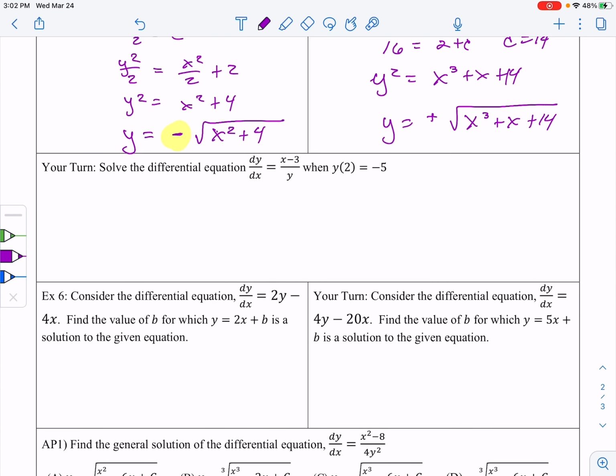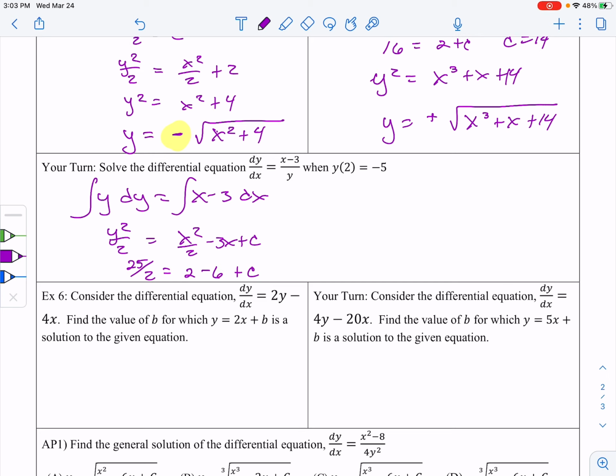All right? Solve the differential equation when y is 2 and x equals -5. Y dy equals x minus 3 dx. Integrate. Y squared over 2 equals x squared over 2 minus 3x plus c. Solve for c. So I get 25 over 2 equals 2 minus 6 plus c. So that's -4. All right, so I'm going to add 4 to that side.